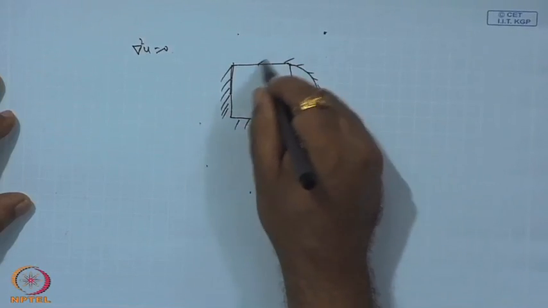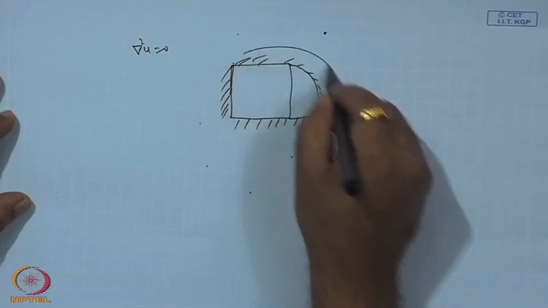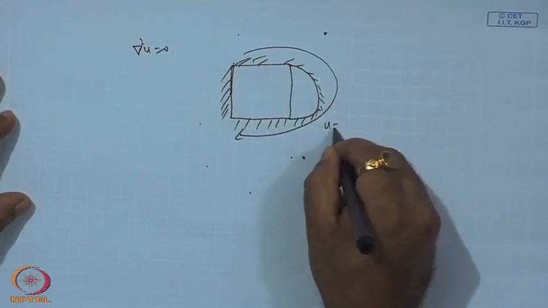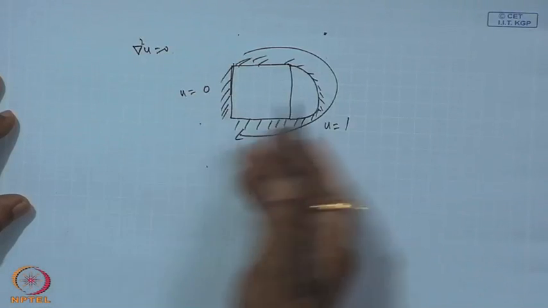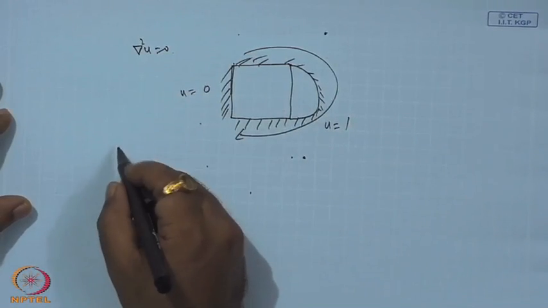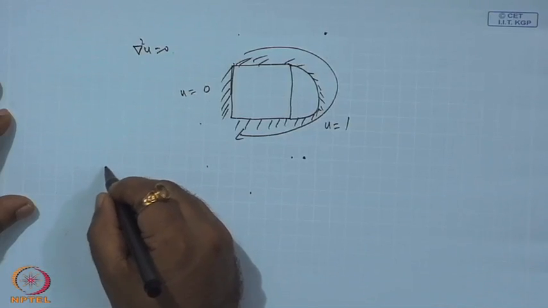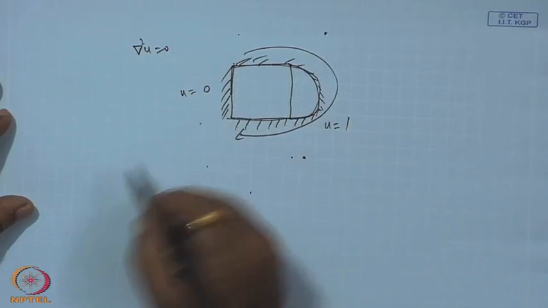Okay. So, suppose from here to here u is 1 and here u is 0. So, how do we solve? Because our solution we cannot represent using one single expression.